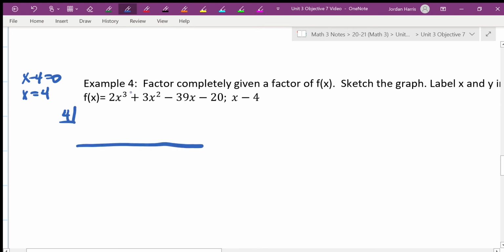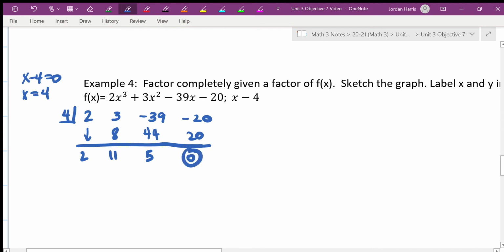Okay, I have to make sure I have all x cubed, x squared, x, constant. Good. 2, positive 3, negative 39, negative 20. Bring down the first one. So multiply, add, multiply, add, multiply, add.